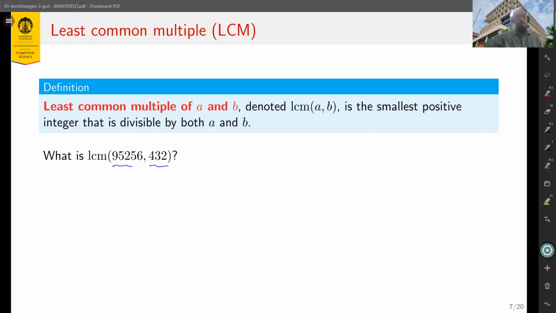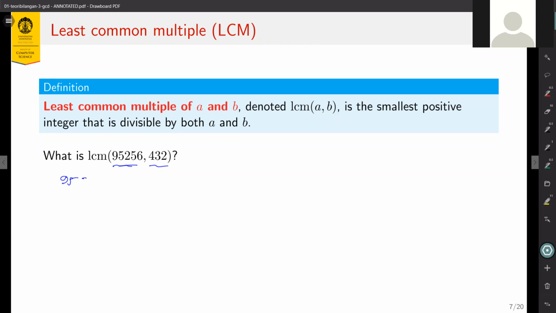Well, you could factorize them, right? What is the factorization of this number? If you divide it by 2, then it is 2 times what?